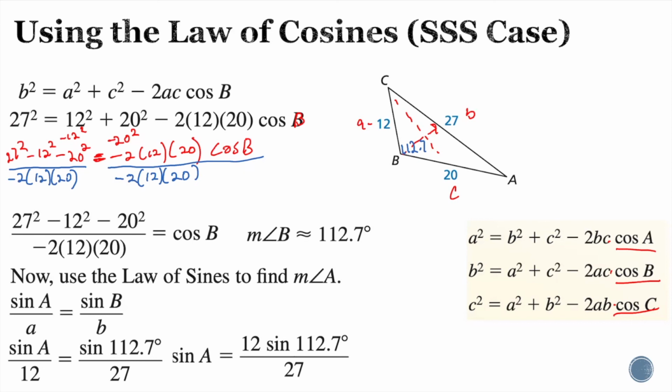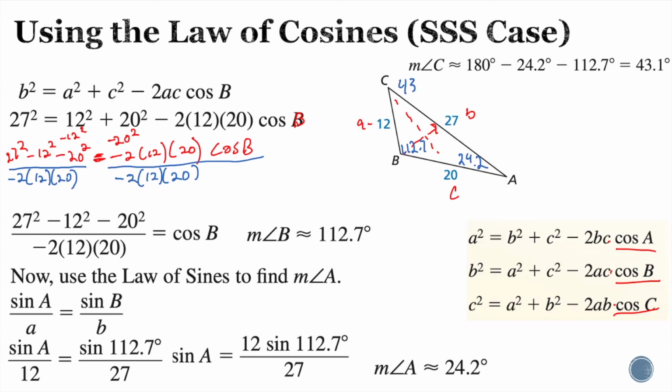Using sine inverse again, I get the measure of angle A is approximately 24.2 degrees. And now 180 minus 24.2 minus 112.7 is equal to 43.1 degrees. And there you have it.